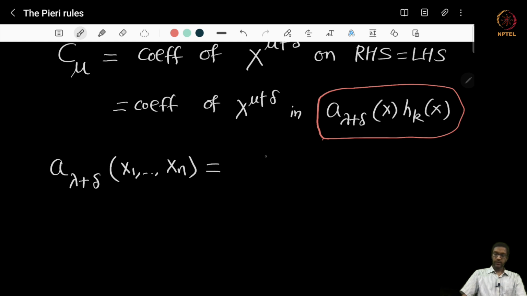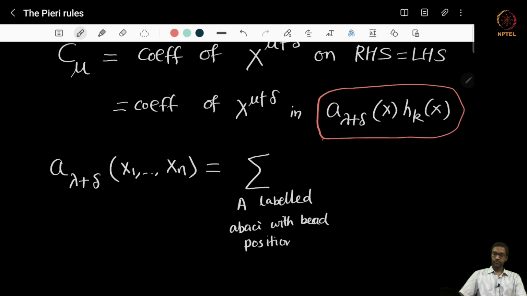So we said it was a determinant, and you could rephrase it by saying that it's a sum over all labeled abaci with bead positions being given by lambda plus delta.